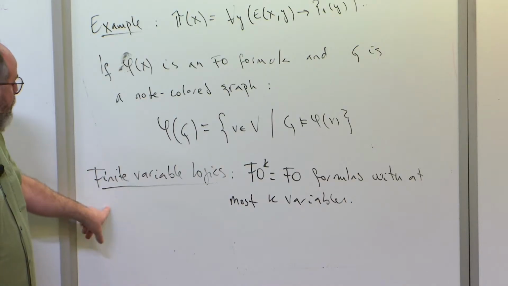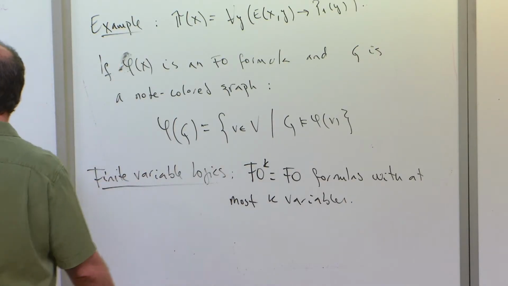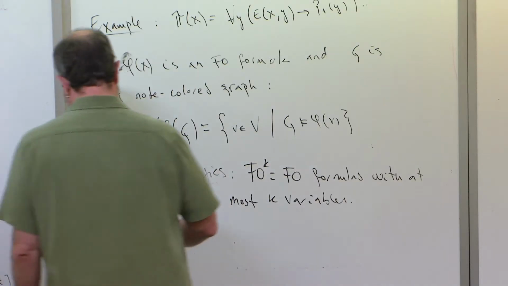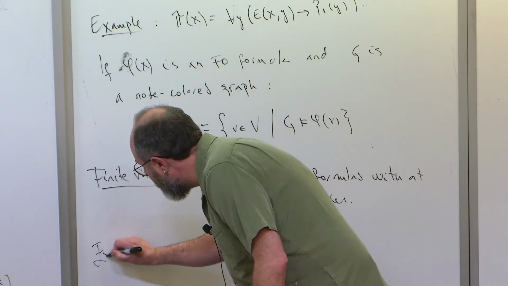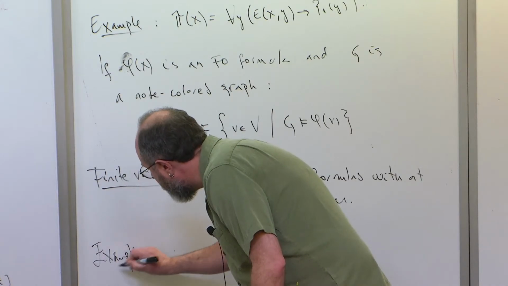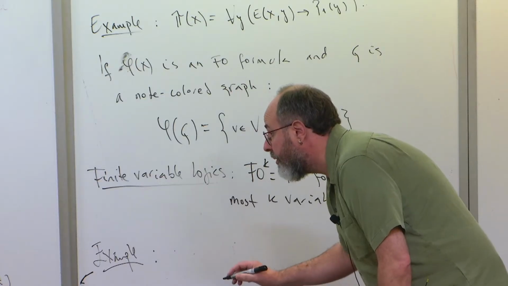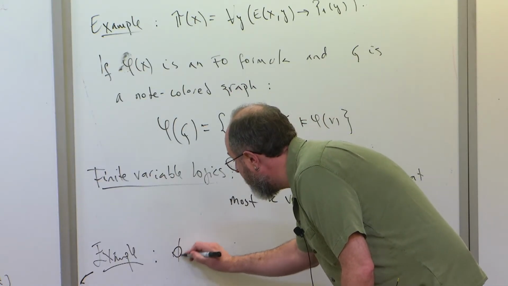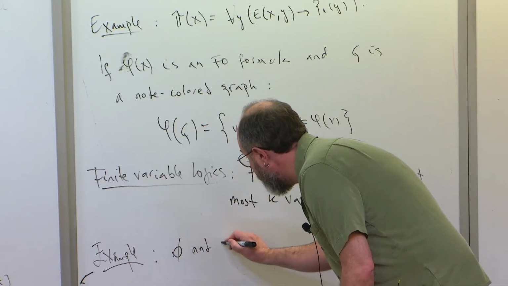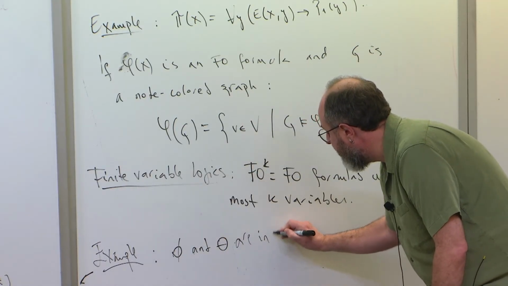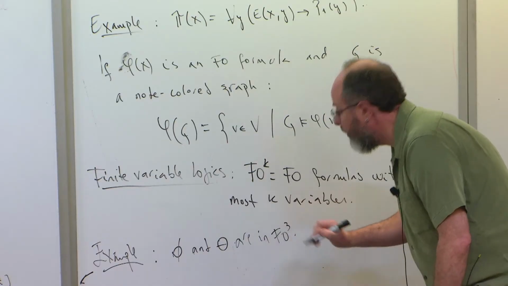So for instance, if we go back to this example here, both phi and theta are in FO3, right?